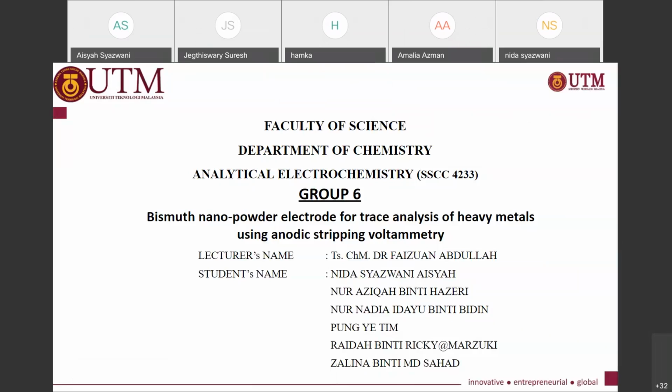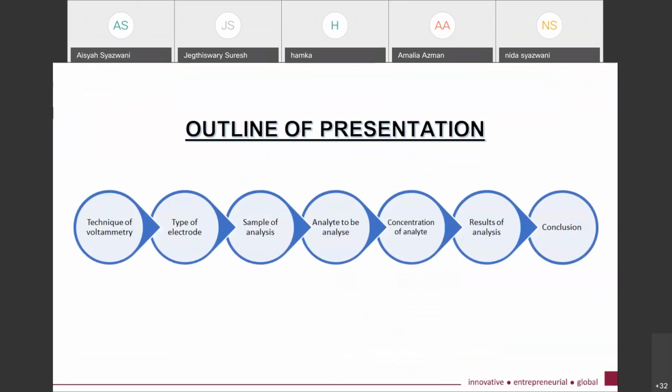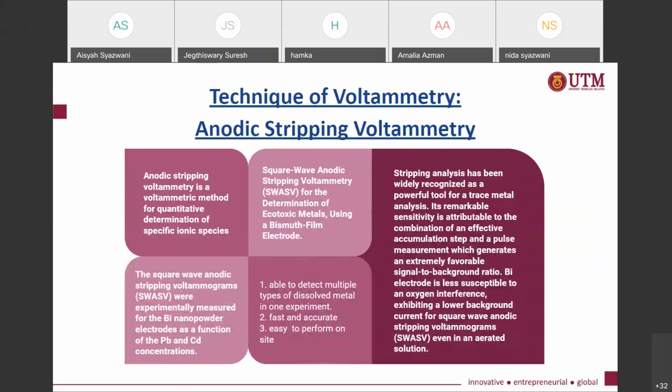And good afternoon. Today we are going to present about the bismuth nanopowder electrode for trace analysis of heavy metals using anodic stripping voltammetry. So this is the outline of presentation for today, and I am going to explain about the technique of voltammetry.